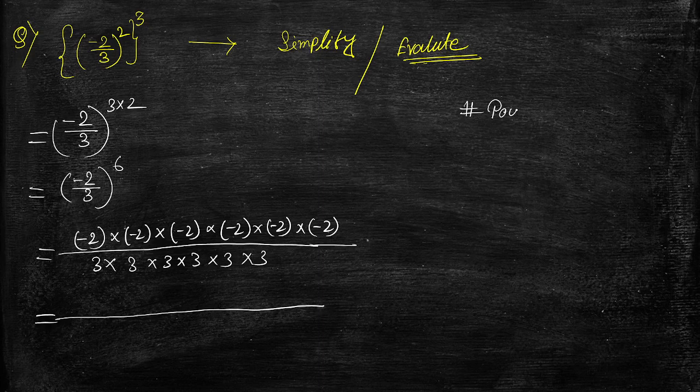Power is even, so the final symbol will be plus. So 2 into 2 is 4, 4 into 2 is 8, 8 into 2 is 16, 16 into 2 is 32, 32 into 2 is 64. Now for 3, 3 threes are 9, 9 threes are 27, 27 into 3 is 81, 81 into 3 is 243, 243 into 3 is 729. This is the final answer.